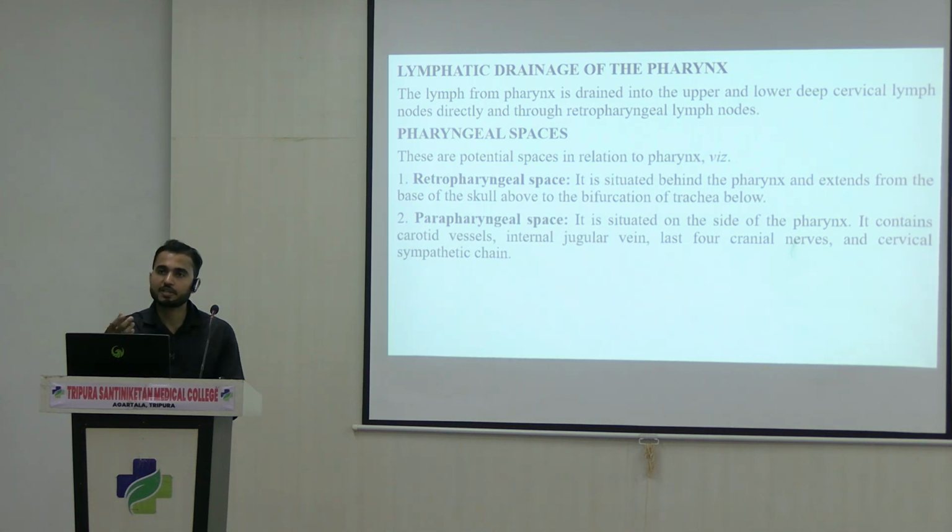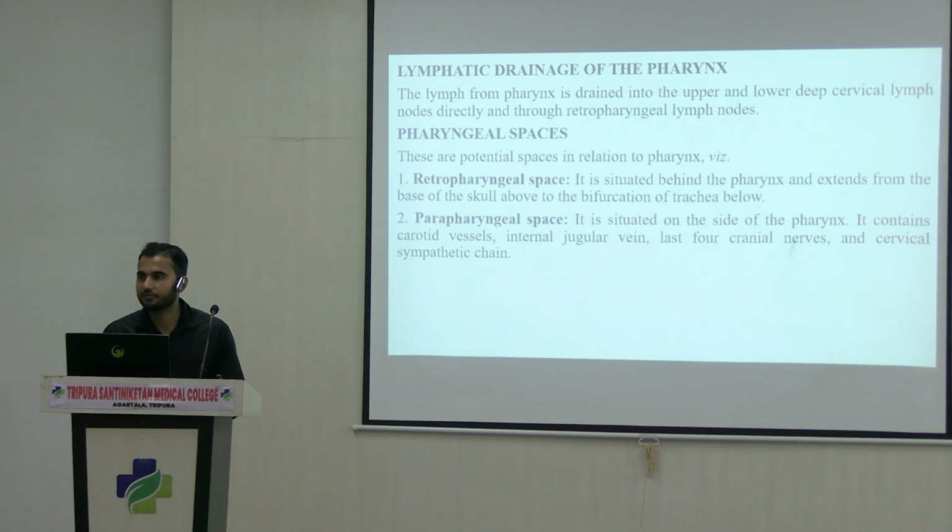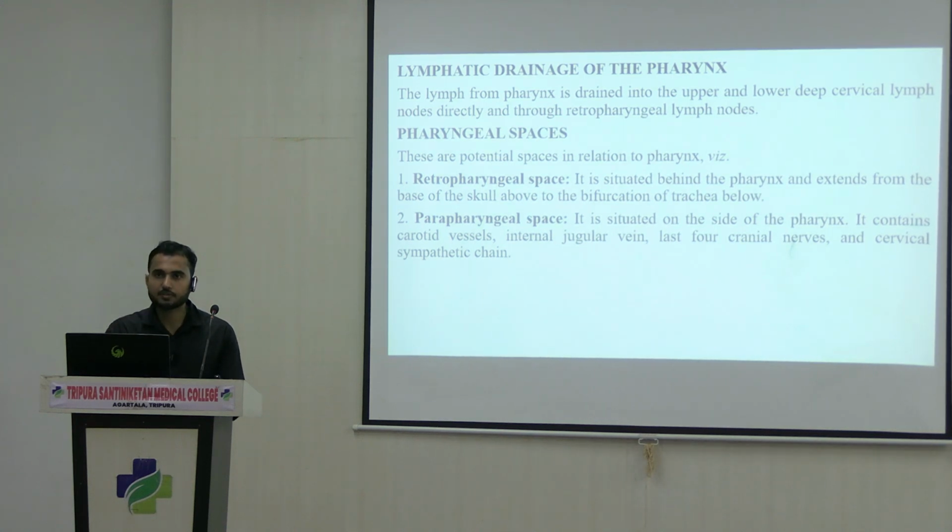Retropharyngeal space means the space which is situated behind the pharynx. So between the pharynx and the vertebral column, a small space is there. That is called the retropharyngeal space. And on either side of the pharynx, a space is there, and that is called the parapharyngeal space.